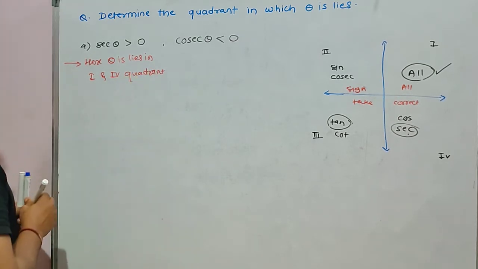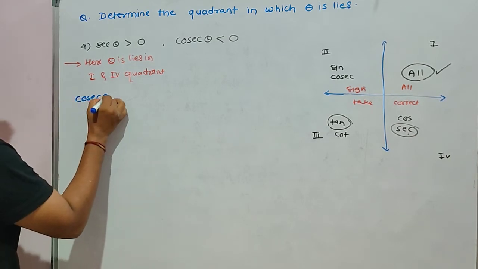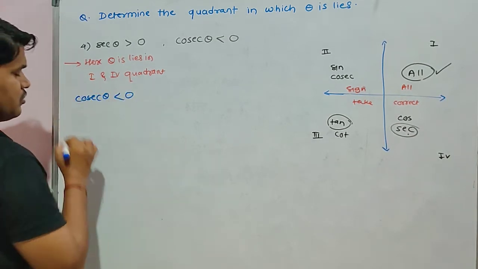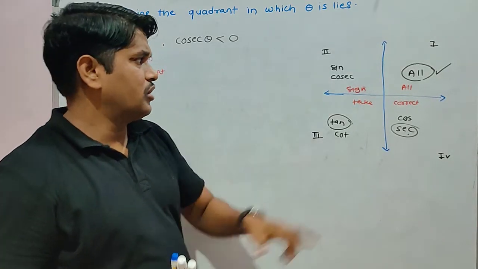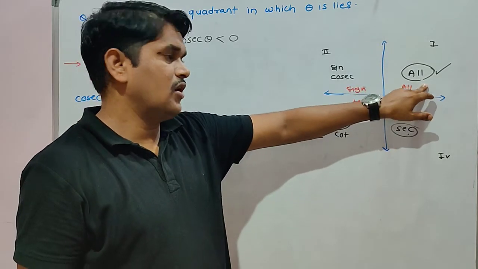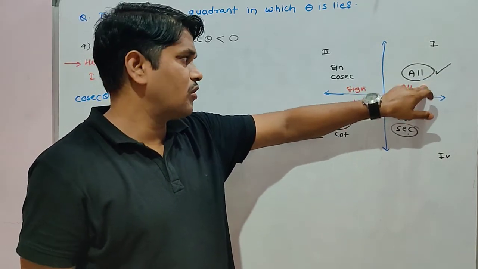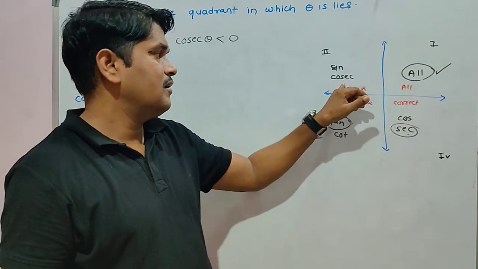Okay. Now for the second one, cosec theta is less than 0. Less than 0 means what? Negative. Cosec theta is positive here, in second. As well as we know that all trigonometric functions are positive in first quadrant. So cosec theta is positive in which quadrant? First and second quadrant.